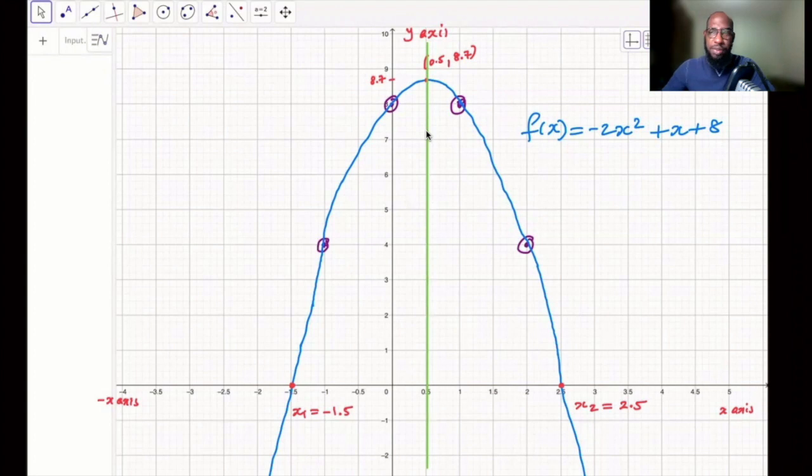The question didn't ask you to do that. This here is x is equal to 0.5. It means that all the x values along this line will be 0.5, and 0.5, 8.7 is the maximum point.